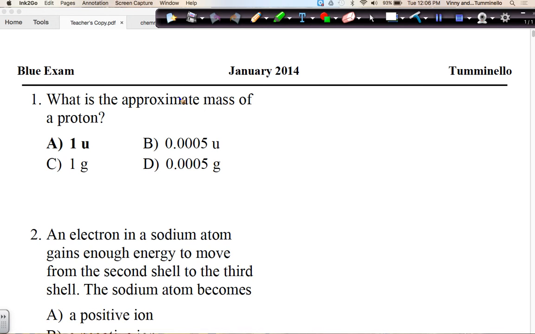For the first question, it says, what is the approximate mass of a proton? It has four choices, two of which have the unit U, and two of which have the unit grams. U is actually the abbreviation for atomic mass units, and G is the abbreviation for grams.